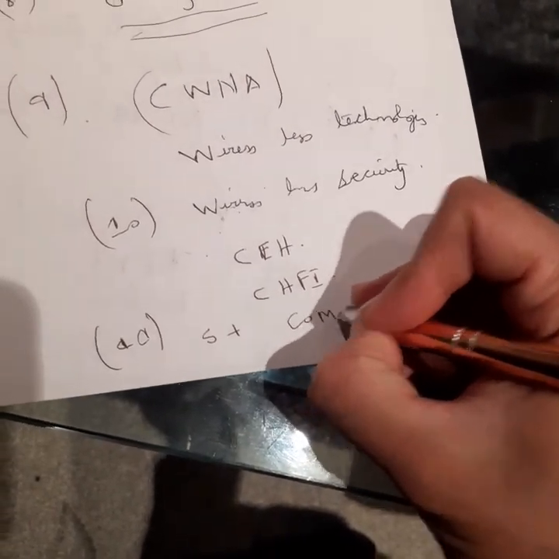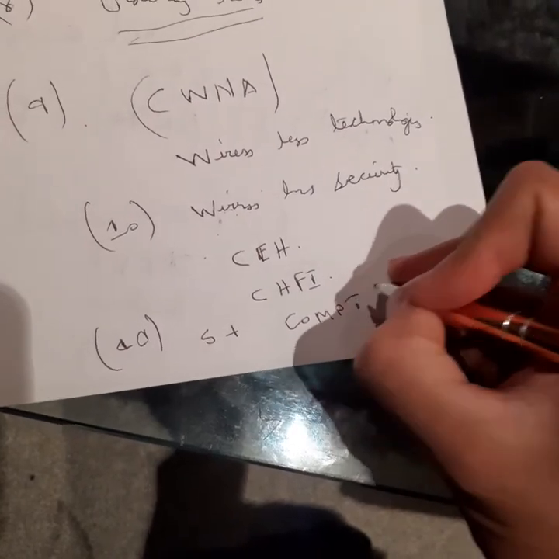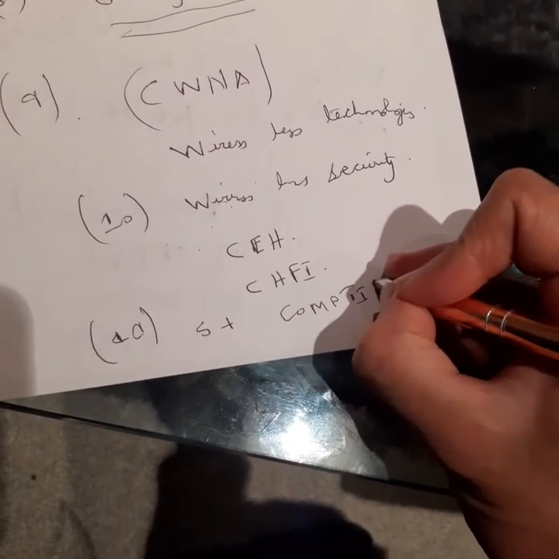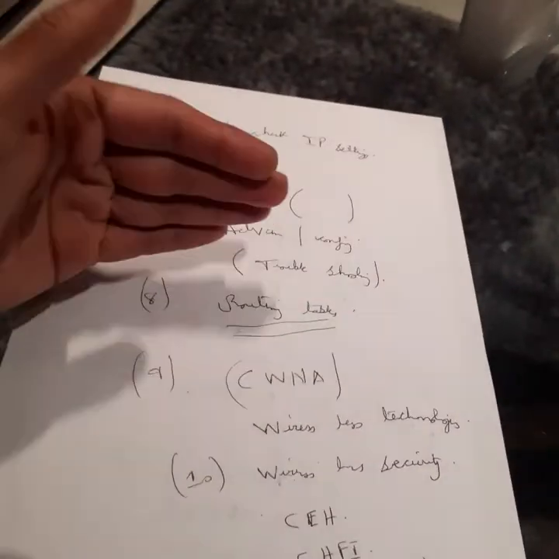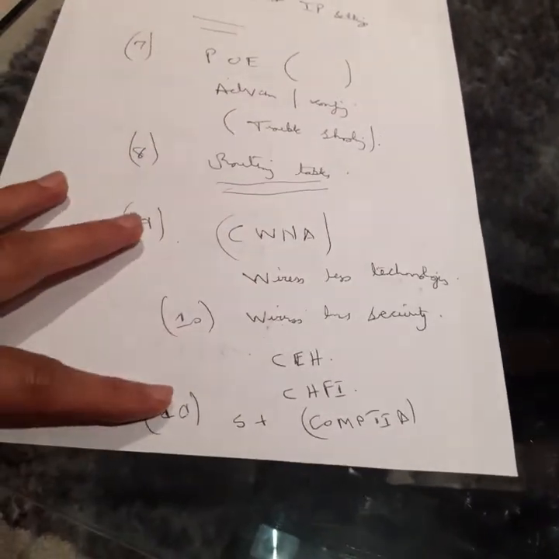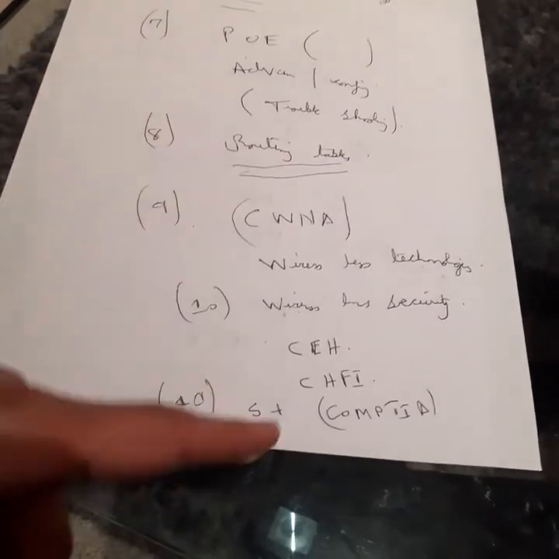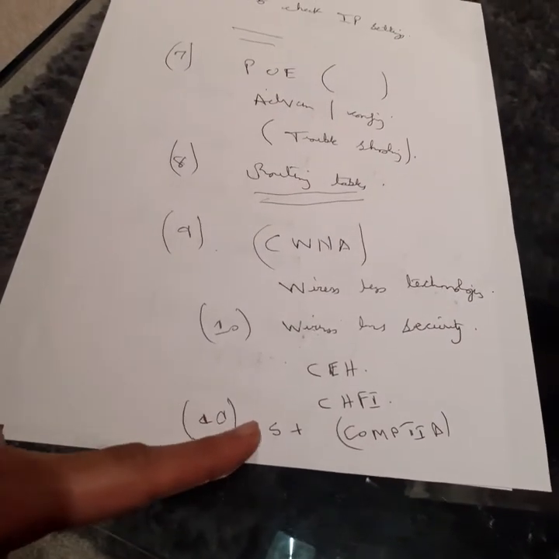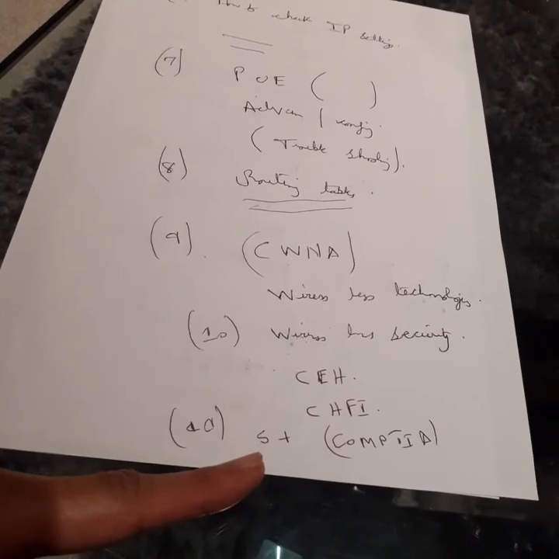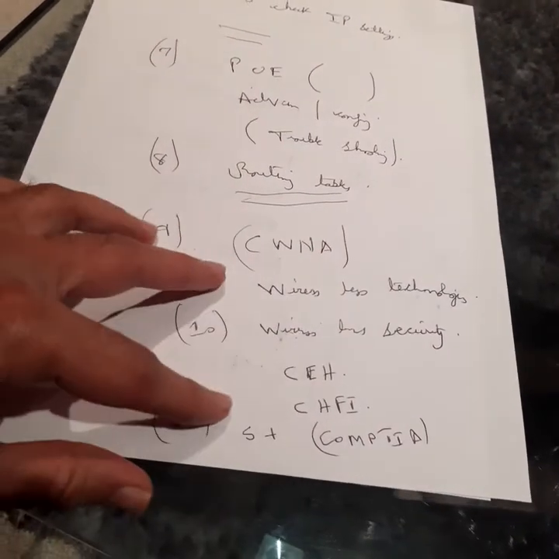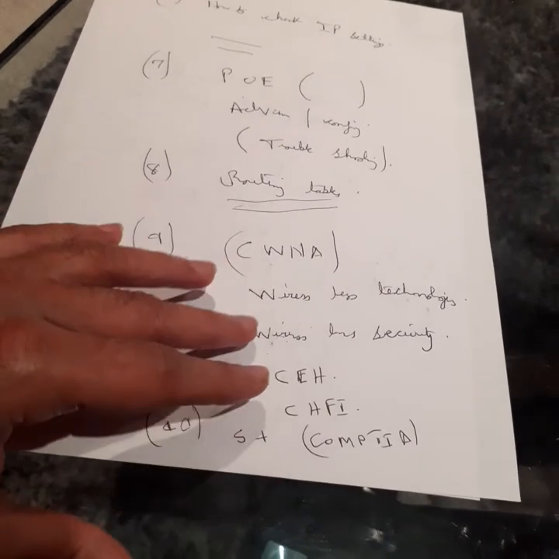I don't necessarily recommend it, but I would say it's a good idea. My recommendation is that you can learn a little bit about security, keeping focused on CCNA for the time being. But if you have spare time, Security Plus is a good certificate to have. Even if you don't get the certificate, learn about Security Plus, very important.